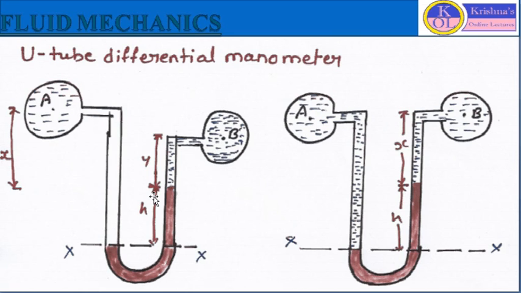First we will see the liquid which we are considering at point A. It has some density, and this density of the liquid in pipe A is different from the density of the liquid in pipe B. So in both pipes we are considering different liquids.